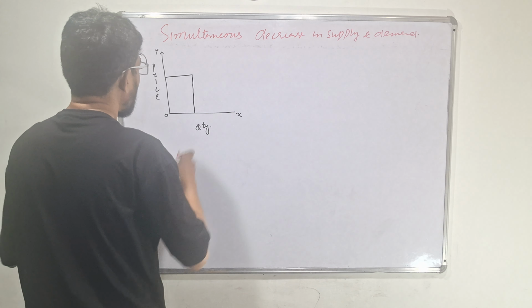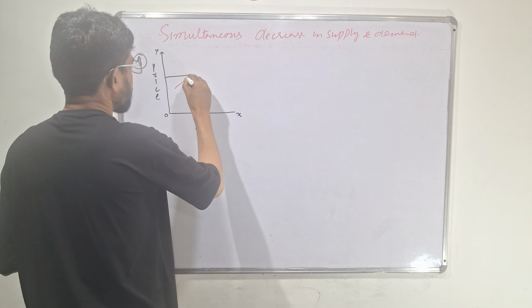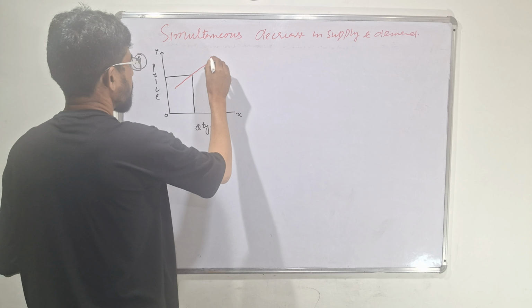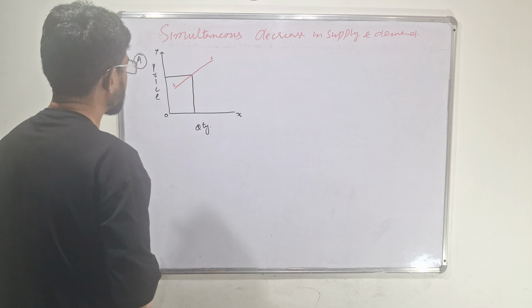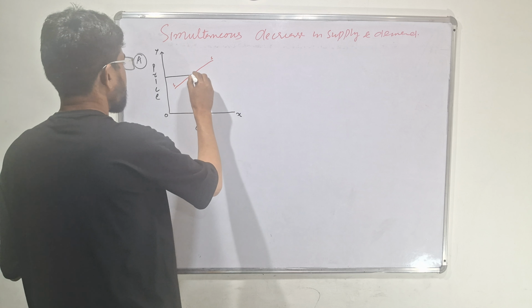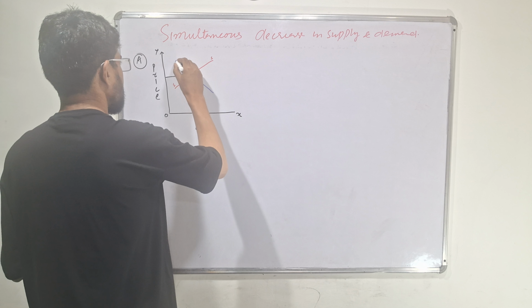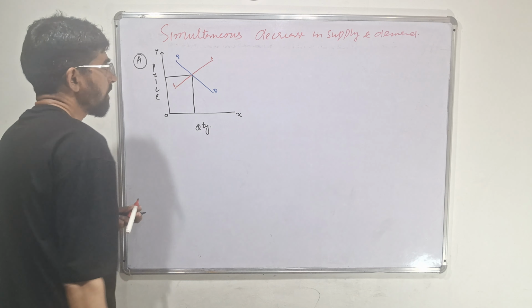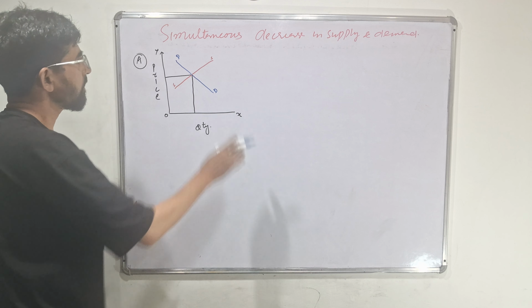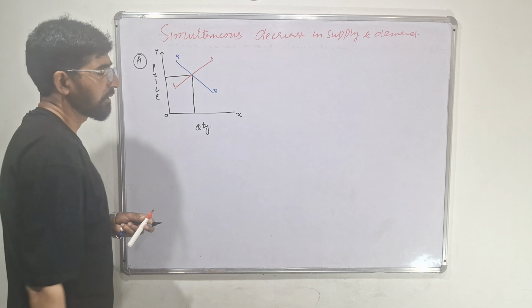The supply curve has a positive slope, SS, and the demand curve has a negative slope, just like this.